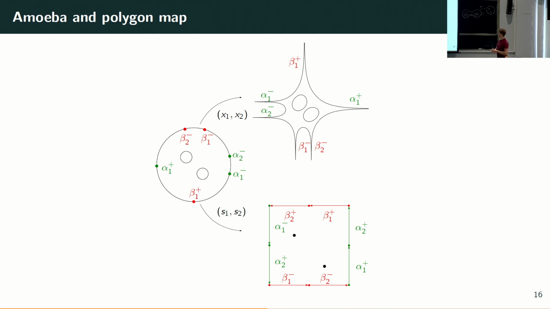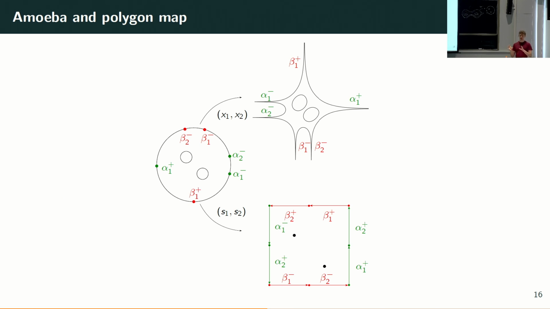So again, we start with this, and this is typically called the amoeba map. This is a generalized amoeba map because we're not in the algebraic setup. We see that all of our chosen points are mapped to infinity, and both of our holes are mapped to holes in the amoeba as well.